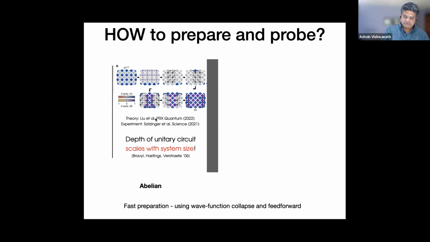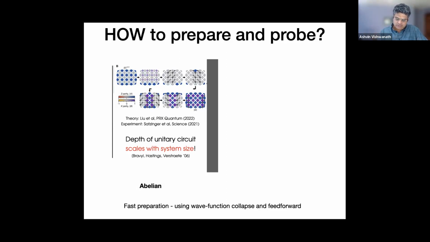So we were really interested in trying to speed up this process, both from a theoretical point of view: can you actually create this kind of state in a shorter depth? It cannot be unitary anymore because that would, like Marvin was saying, collapse you into the same state of matter. You'd have to introduce something non-unitary in the preparation. And from a practical point of view, maybe this could allow us to realize more exotic states of matter, in particular non-Abelian phases.